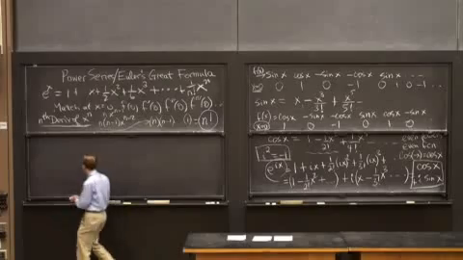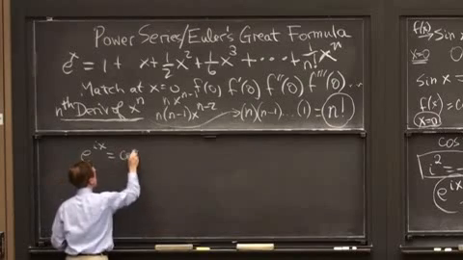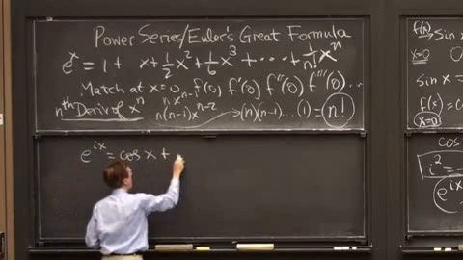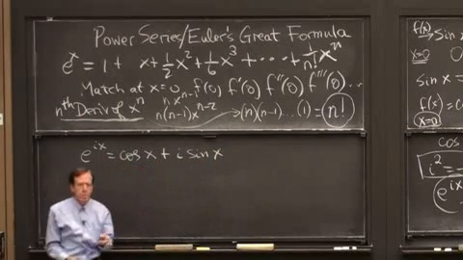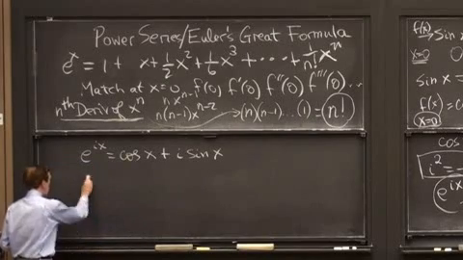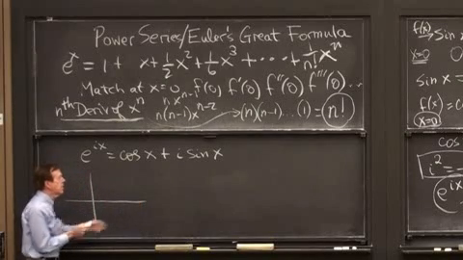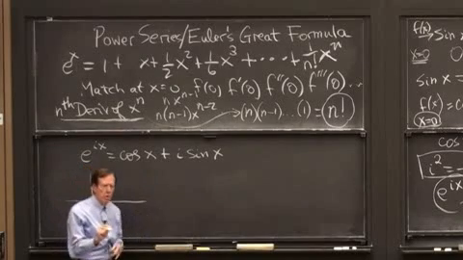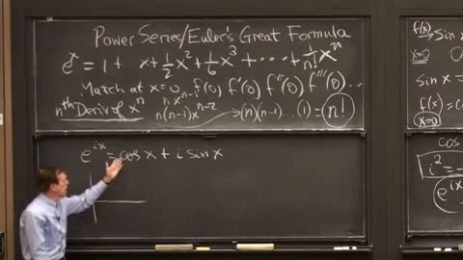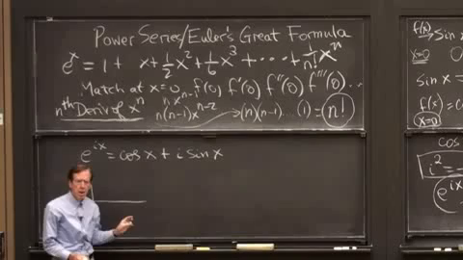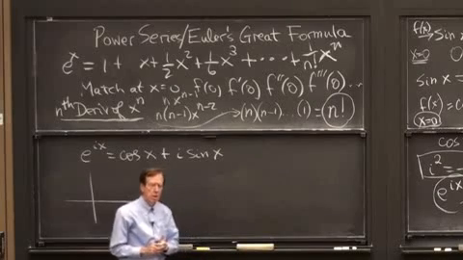Now let me work here. e to the ix is cos x plus i sine x. And I want to draw a picture. Actually, Euler often wrote his formula, or we often write his formula, differently, because we're taking cosines and sines, and those are angles.